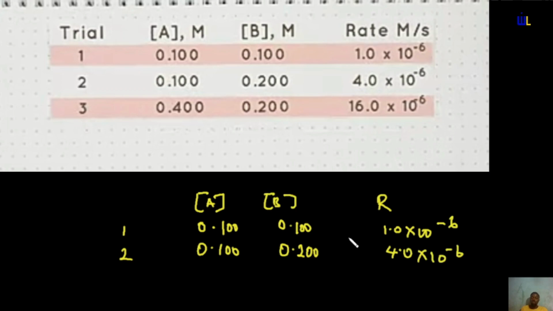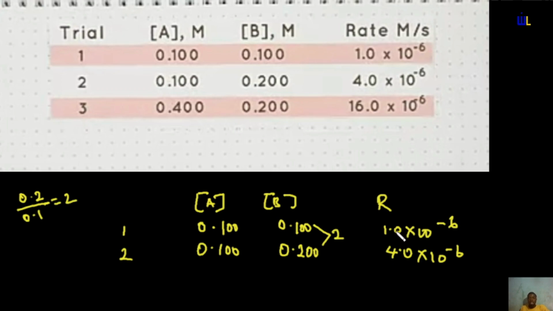All right, let's find the order of B. The factor of increase for the concentration of B was 0.2 divided by 0.1, and you notice that it's 2. So the factor of increase here is 2.